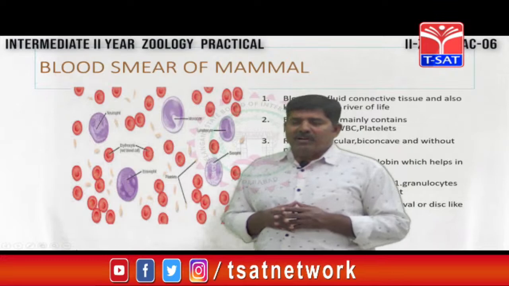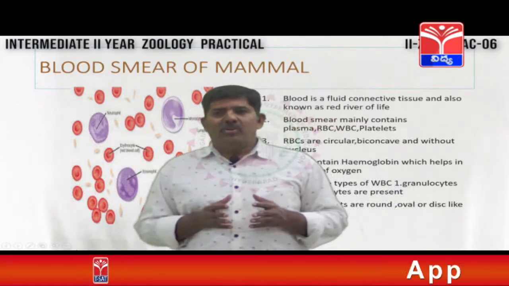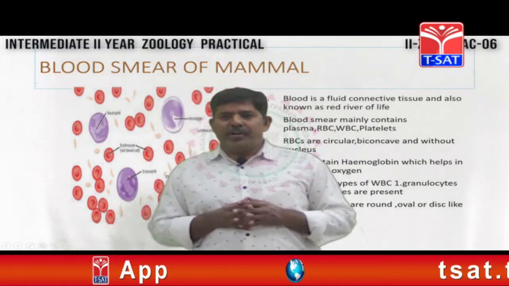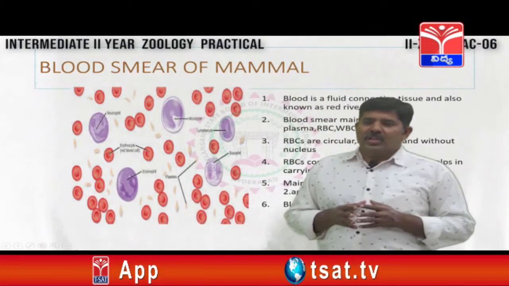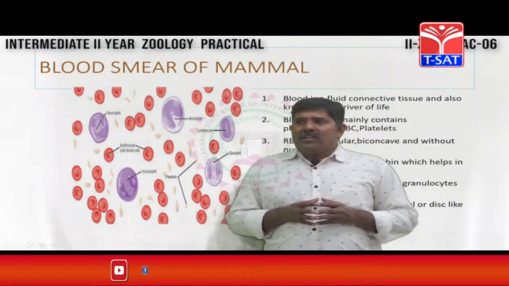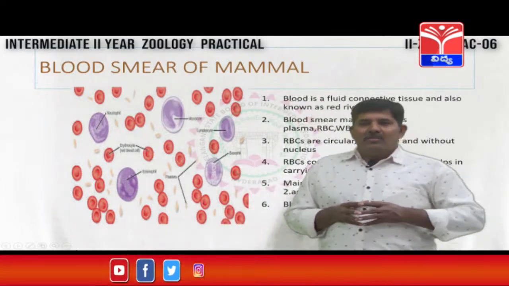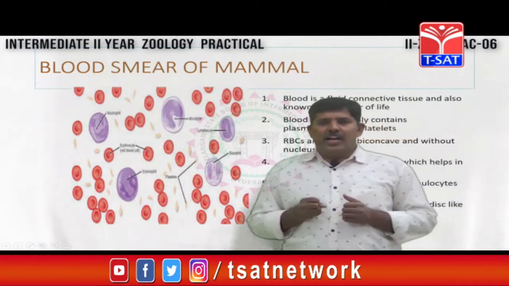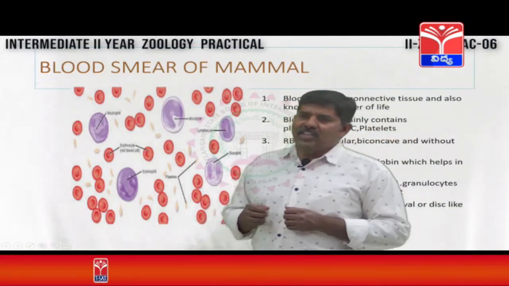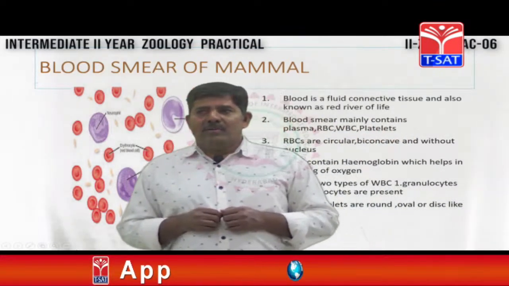You know plasma contains a lot of water, about 92% water. The next one is blood cells. What are the blood cells? Blood cells are RBC, WBC and platelets. These three are called blood cells.